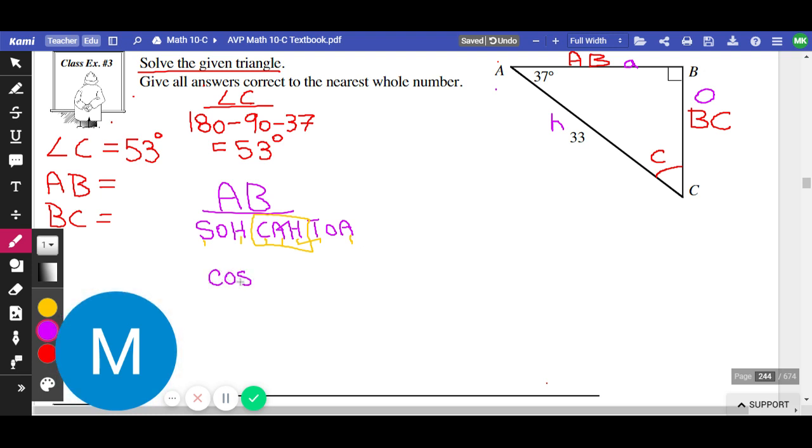Cos 37 equals adjacent. In our case, we don't know the adjacent. I just call it x. Divided by hypotenuse, which is 33. You got to get x by itself, so we multiply both sides by 33.